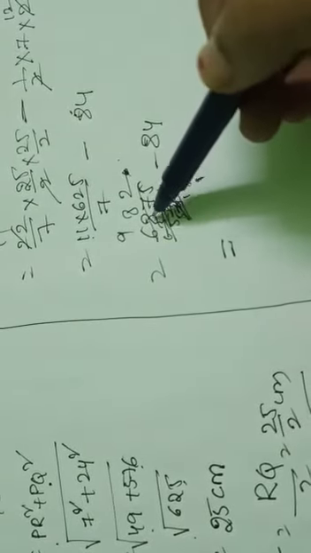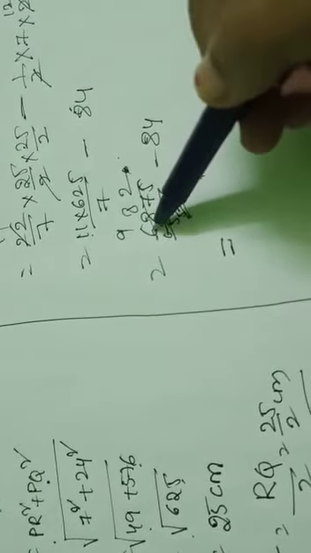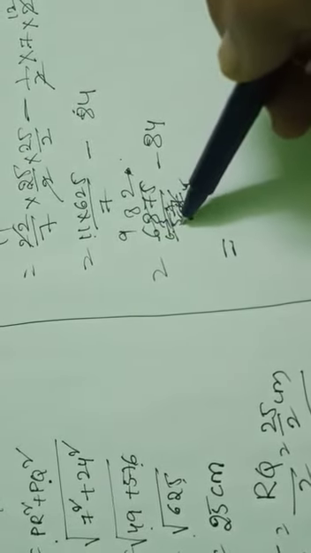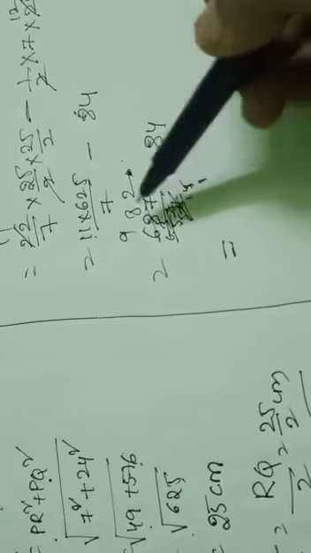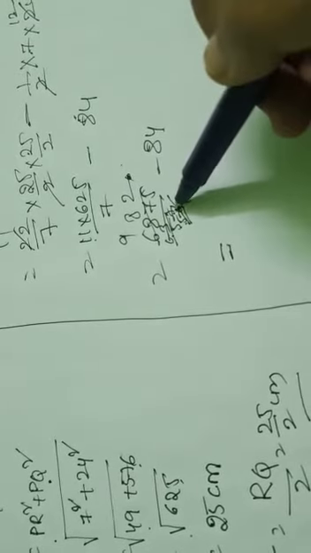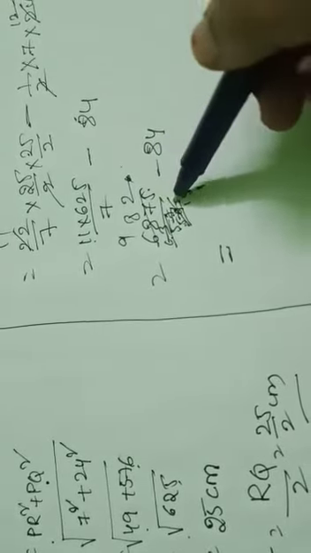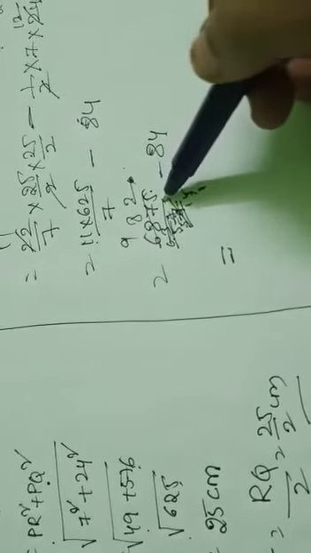Which is equal to, dividing 6875 by 7: 7 9s are 63, remainder 5, 57, 7 8s are 56, remainder 1, 15, 7 2s are 14.